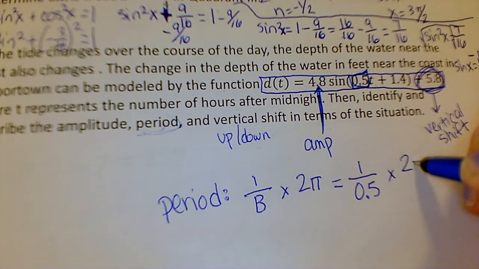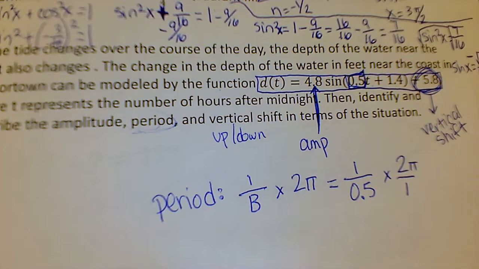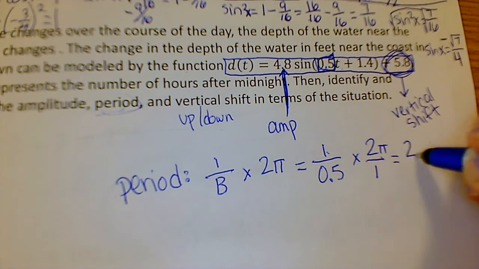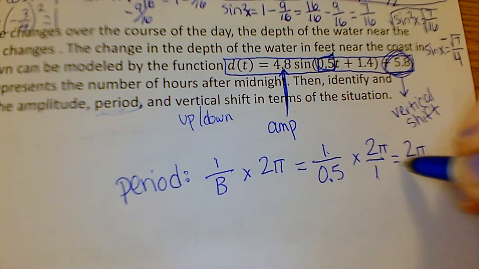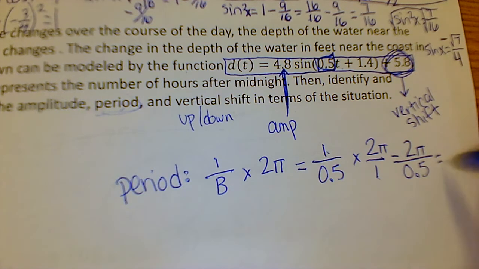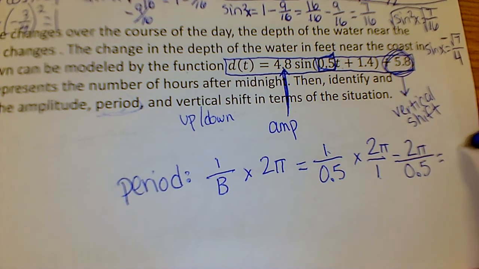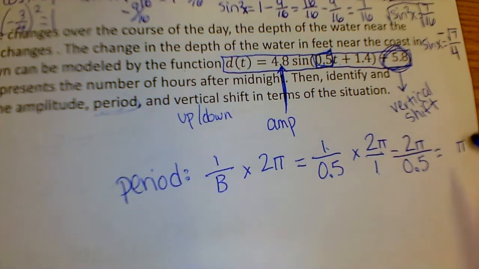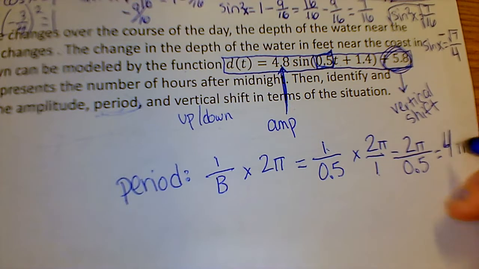I'll multiply by 2 pi, and I'll do 2 pi over 1, just so we can multiply those fractions really easily. 1 times 2 pi is 2 pi. 0.5 times 1 is 0.5. And so I'll leave it in terms of pi. My answer will have pi in it. And I'll just do 2 divided by 0.5, and I get 4. So our period here is 4.